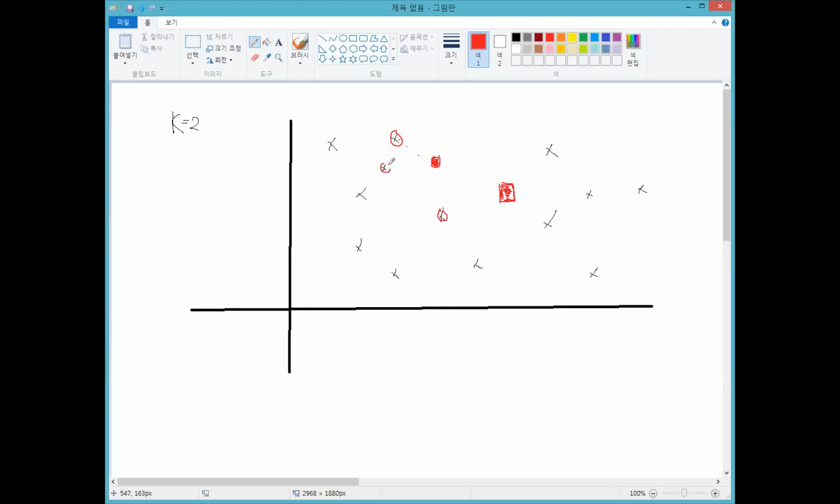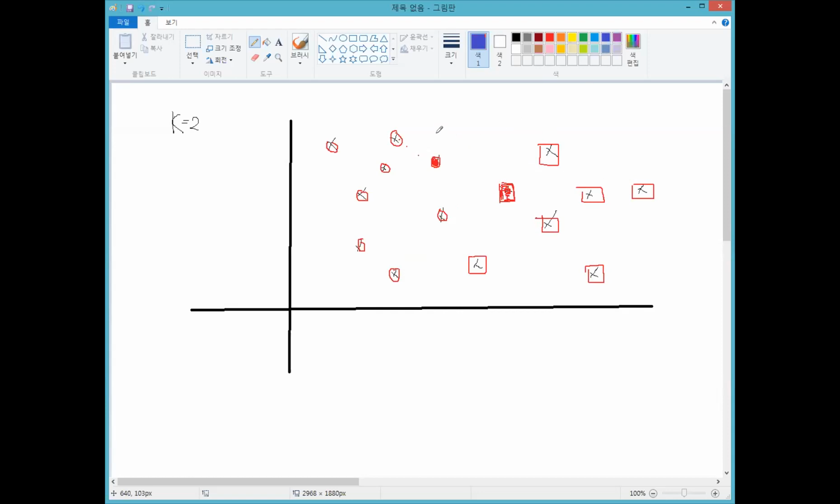This one is close to the square, so it becomes a square. The remaining points are assigned the same way, each to its nearest one.